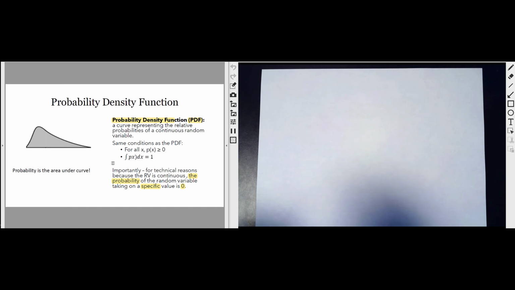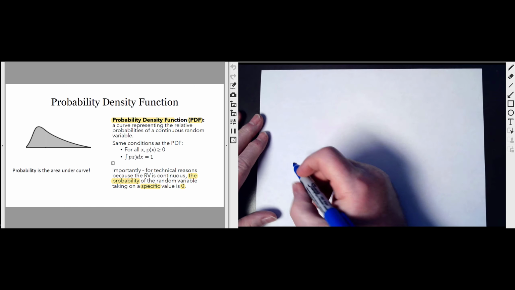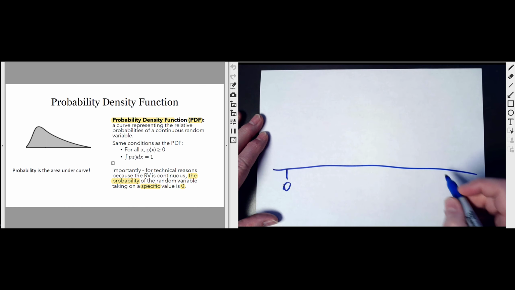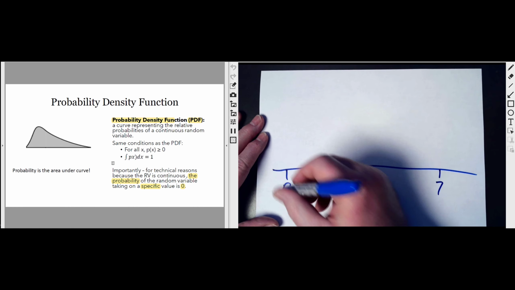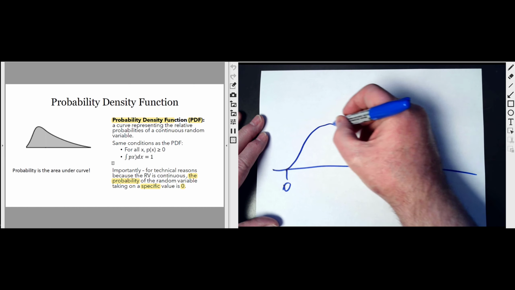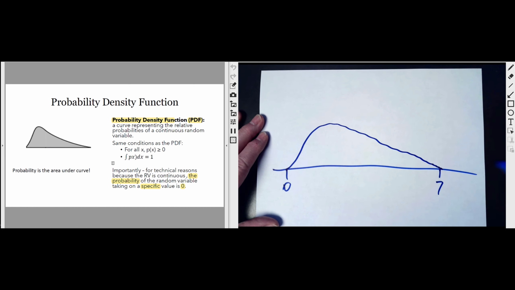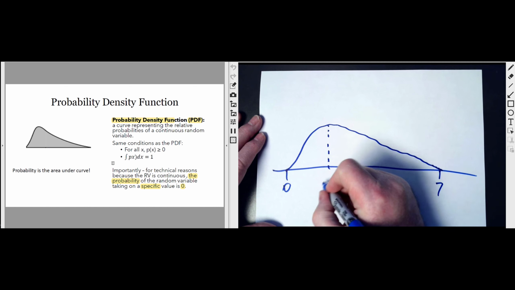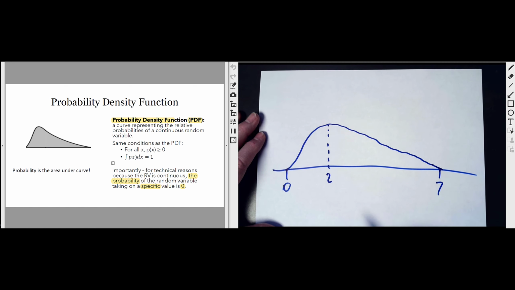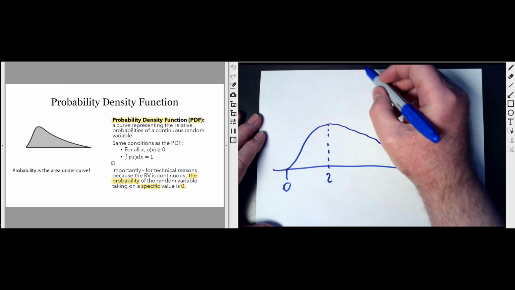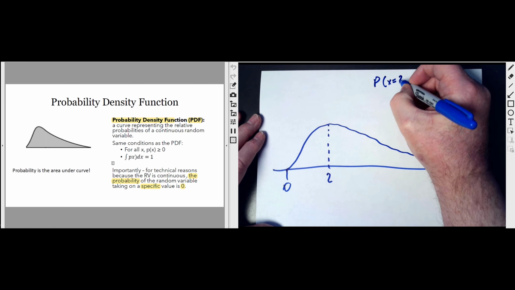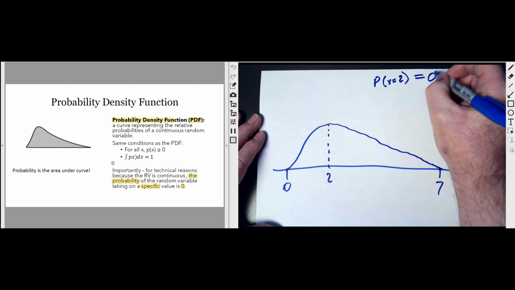Let me draw an approximation of the same probability distribution. We'll say that this is 0, and we'll say that this is 7, and we'll draw this thing like that. That's a bad drawing. But here is our peak, and maybe that's at 2. We would never talk about the probability of x equaling 2, because that's going to be 0.